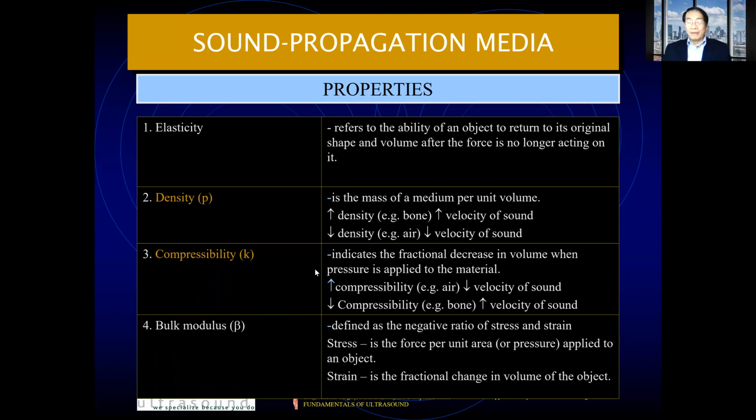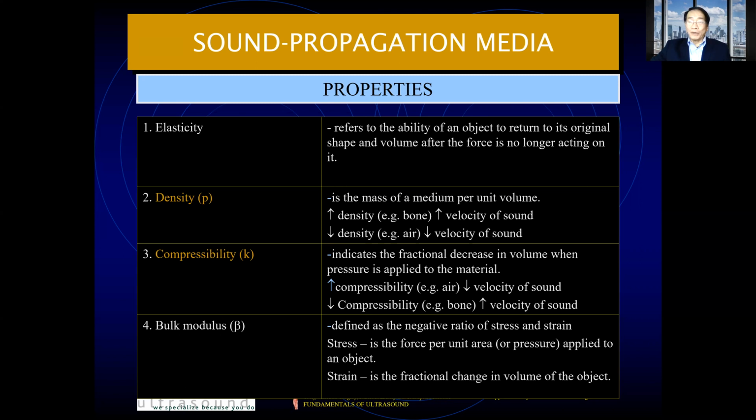Now, since acoustic velocity is dependent on the medium, we also have to understand that different characteristics of the medium will affect how sound propagates through it. The properties of the medium are its elastic properties, its density, its compressibility, and its bulk modulus.